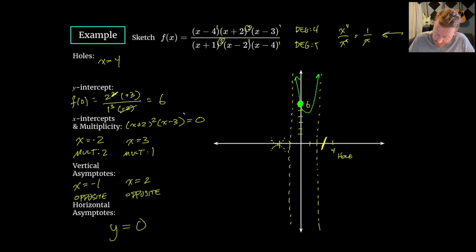Now I'll think about what's happening near this vertical asymptote. Since at -1 we have opposite directions, it must be going down that direction, and it must be coming up and bouncing off of the line y equals 0, off of the x-axis, and then coming down.